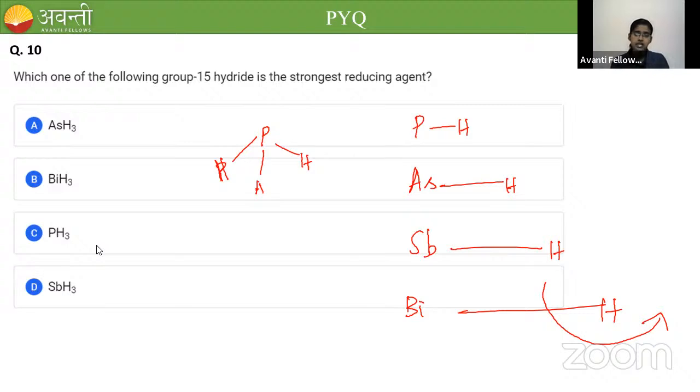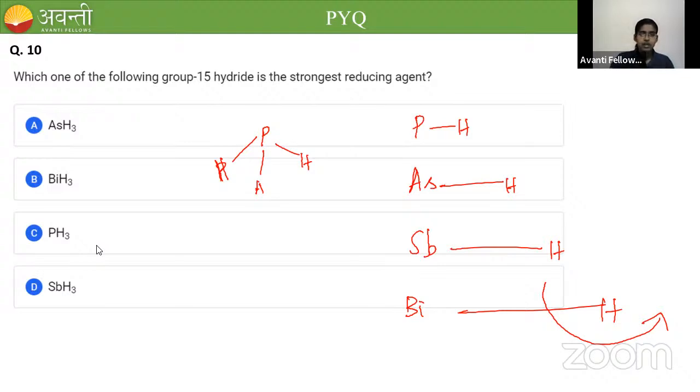Also we can say the reducing nature is more for the compound which gives its hydrogen so easily; it is called a reducing agent. Since bismuth gives its hydrogen easily because of its very weak bond, that is the strongest reducing agent. Since the size of bismuth is very, very large, the bond can be broken easily.